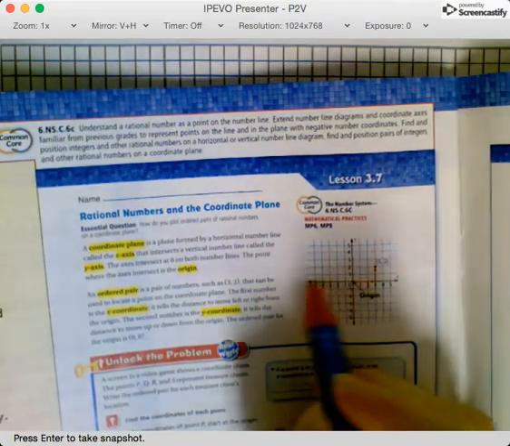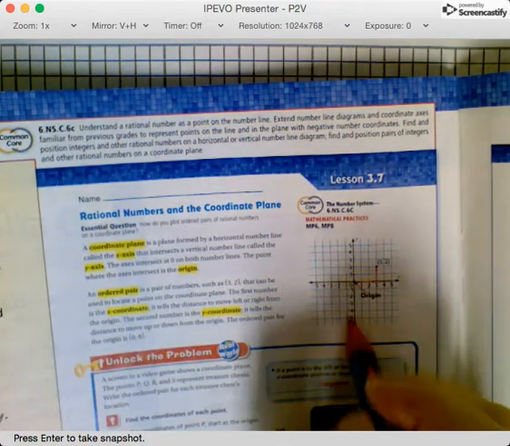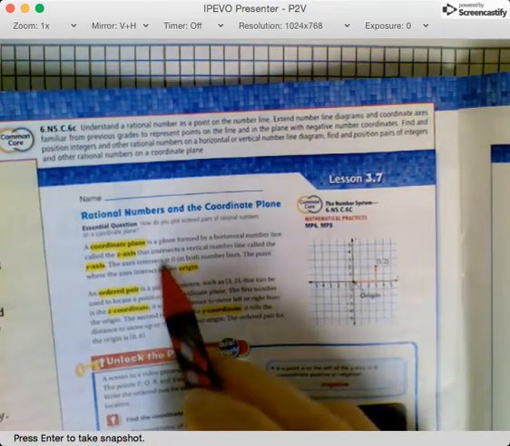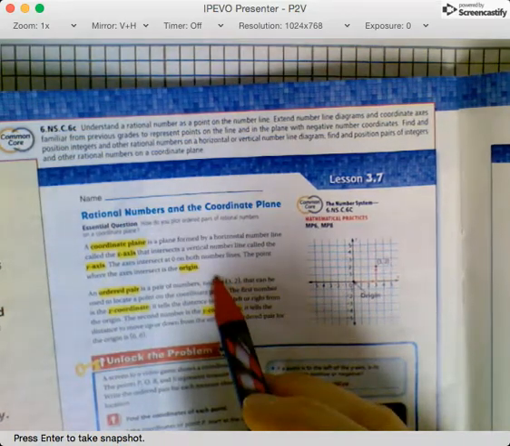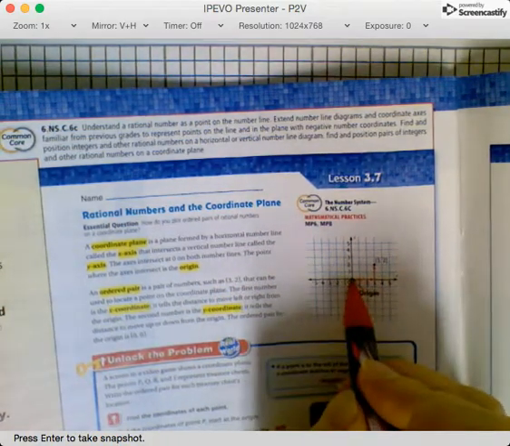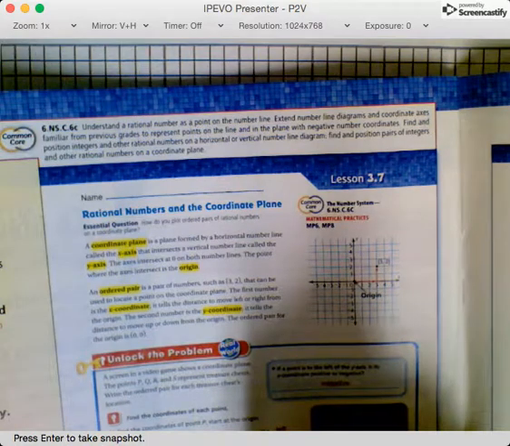So we have the x-axis going across, the y-axis going up and down, and the axes intersect at 0 on both number lines. This point in the middle where they meet is called 0. That is also called the origin.